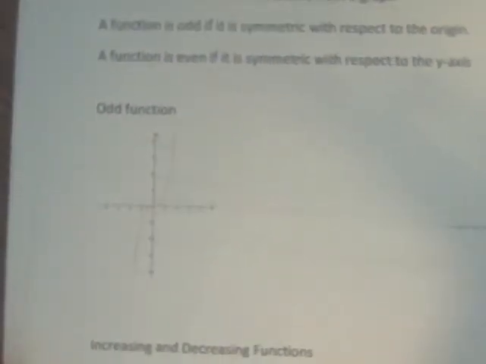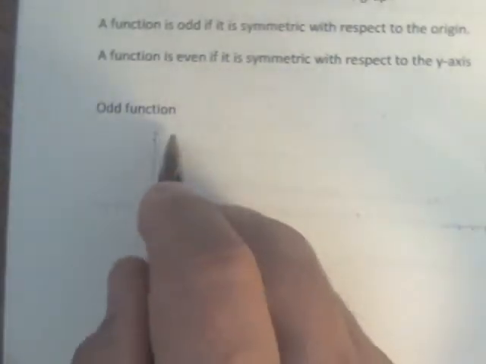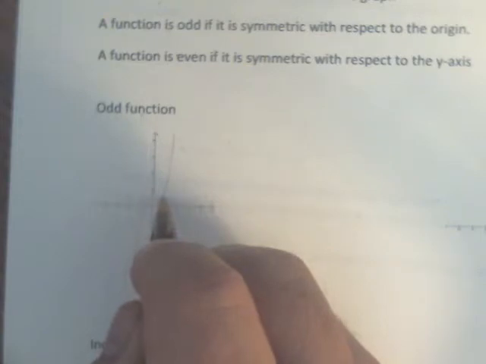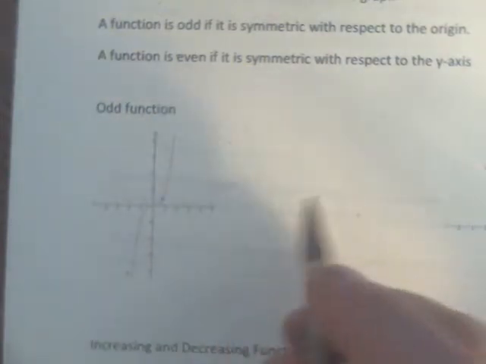When you talk about this symmetry, the y-axis kind of cuts it in half. It's a mirror image on either side of the y-axis. The origin is not always so easy to tell because you've got some in the first quadrant and some down here in the third quadrant.